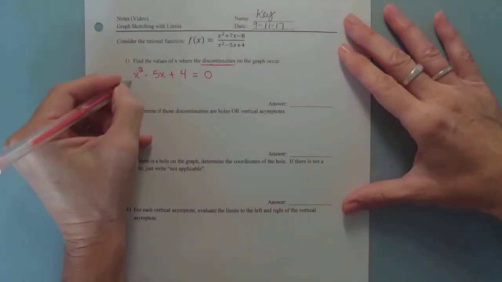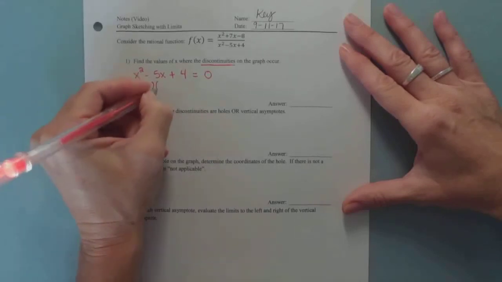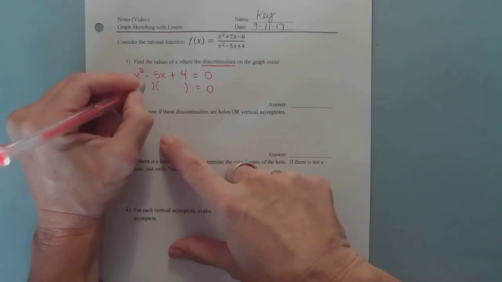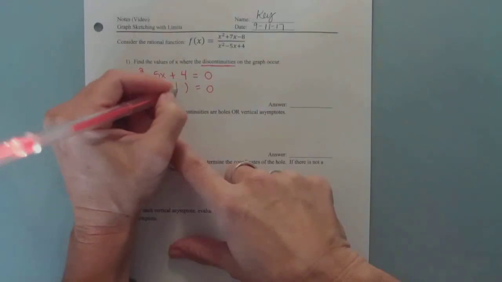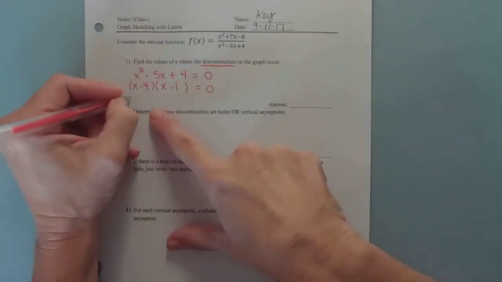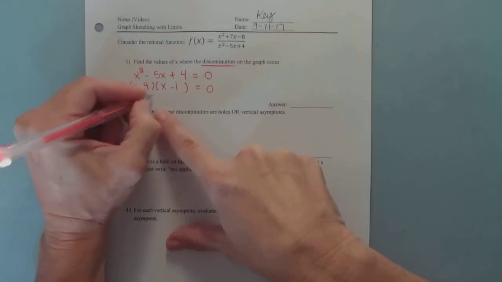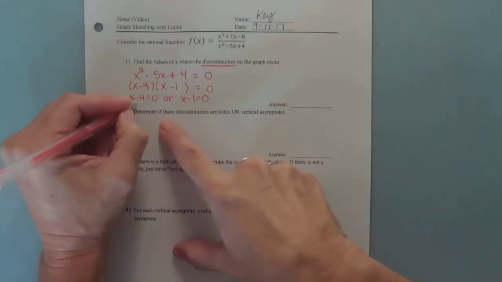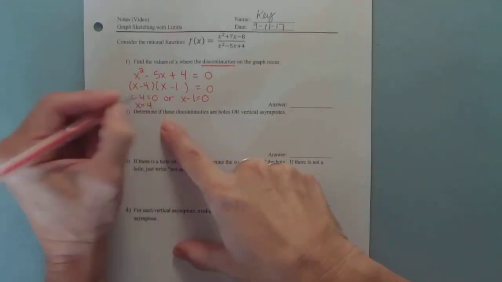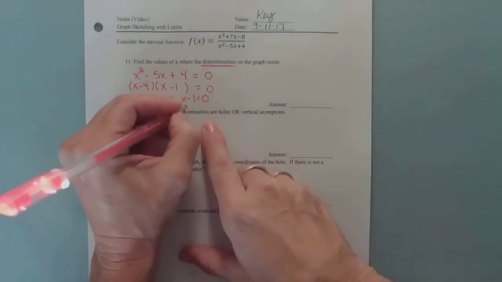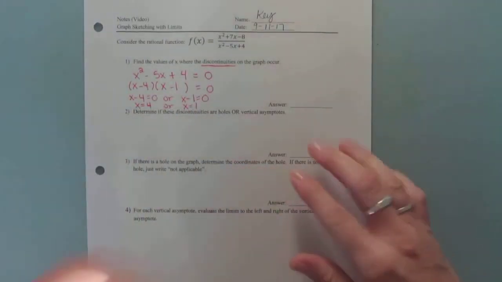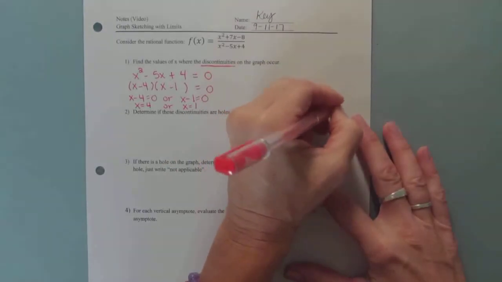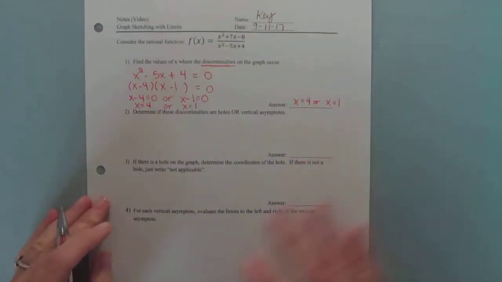This looks like it's going to factor, so I'm going to factor this quadratic into x minus 4 times x minus 1. I'm going to set both quantities equal to 0 and solve for x. So I'm going to get x equals 4 or x equals 1.